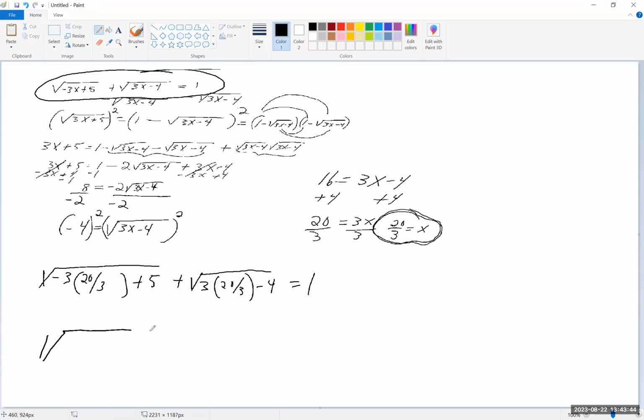This gives me the square root of, the 3's cancel, 20 plus 5 is 25.